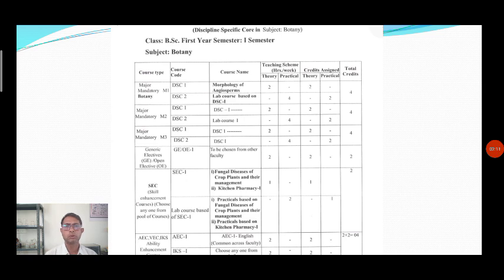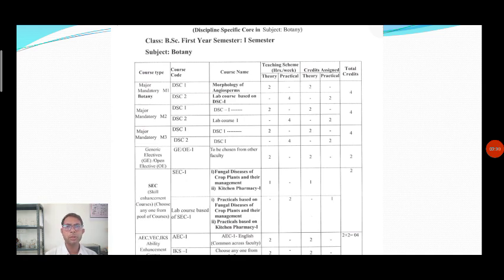Now the student of first year has another major mandatory subject, which we call M2, or there will be a third paper, that is M3. So it may be chemistry, zoology, or any subject other than botany.